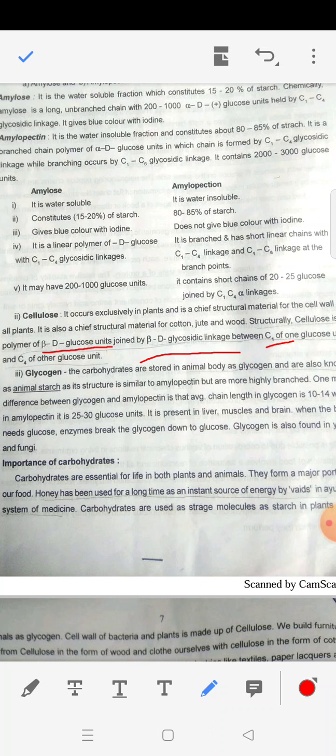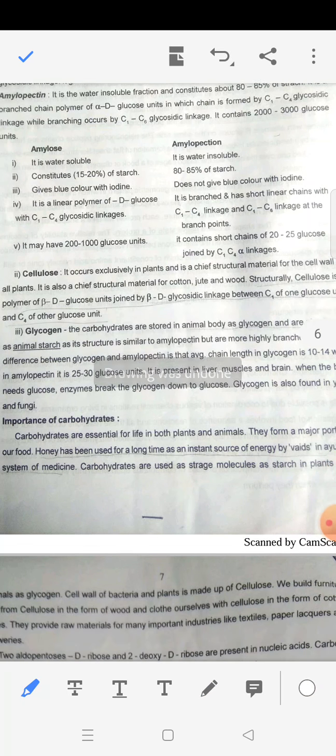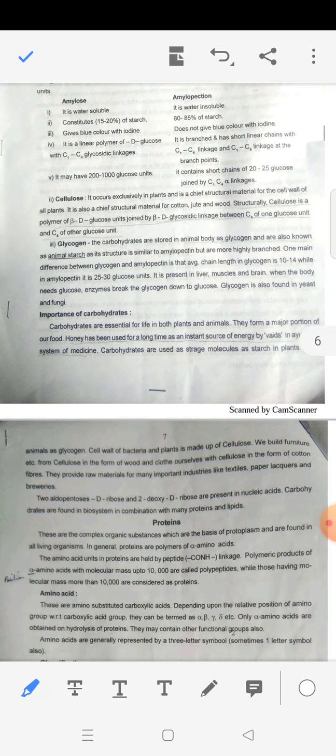Then we have glycogen. Glycogen is also called animal starch. The carbohydrates are stored in the animal body as glycogen, and are also known as animal starch. Now you know that whatever carbohydrate we consume in a day, we do not utilize them all.